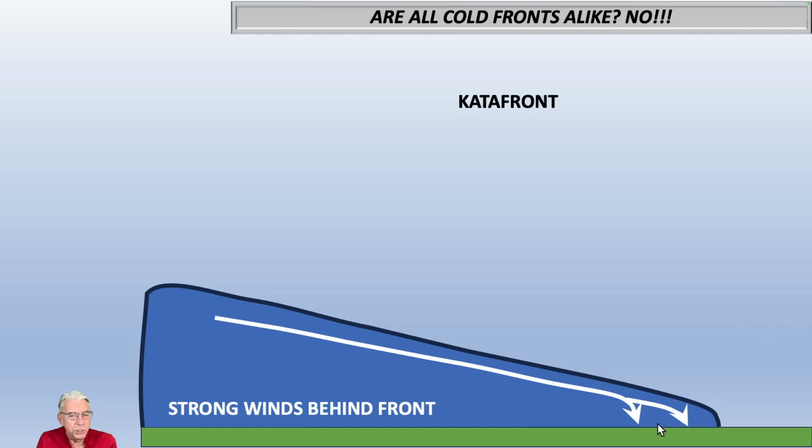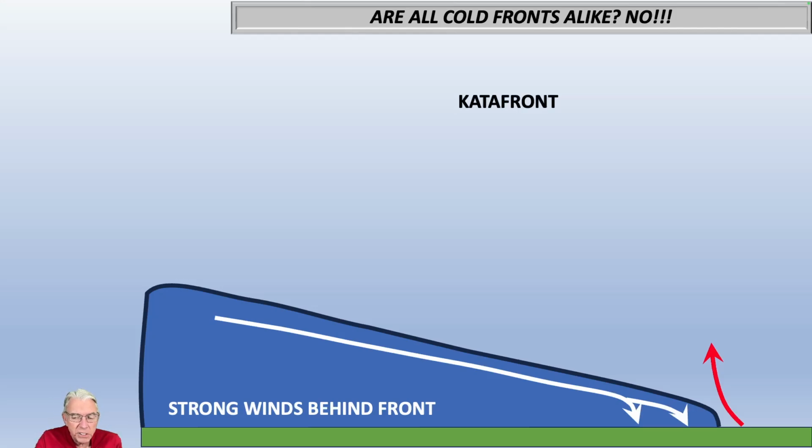Sinking motion produces drying, okay? And that forces the warmer air ahead of the front to rise rather violently upward right at the interface, okay? And so you tend to get showers and in the summertime or springtime, thunderstorms, but they're going to be right at the leading edge of the front. And then as soon as you get into the colder air, then everything clears up, okay? And this is the way most cold fronts operate.